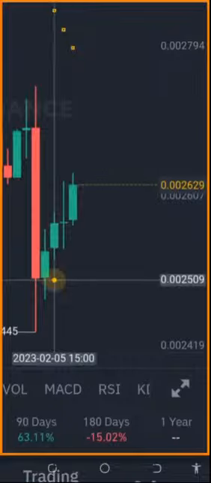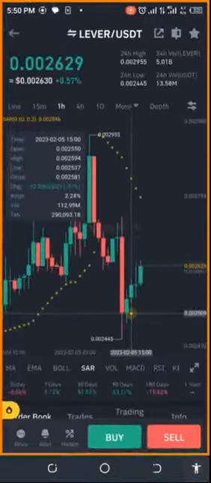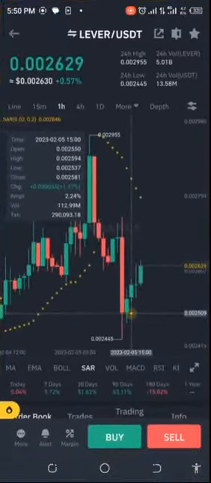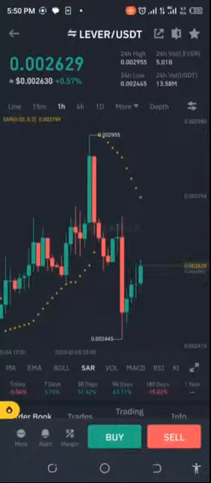It got to 2509. So if I had put 2570, 2550, thereabout, I would have gotten it at a better price, and then I could place my sell limit at something much more considerable. So I hope you'll be able to learn something from here.